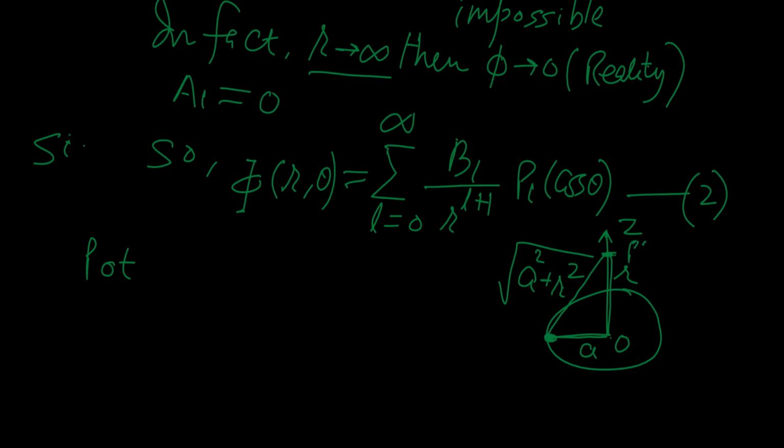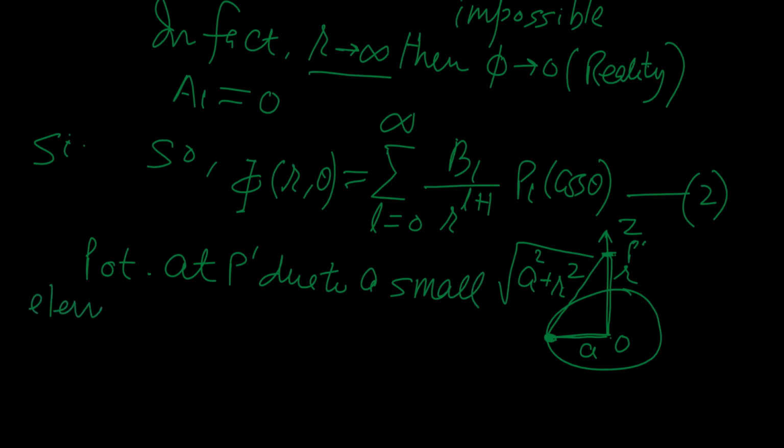The potential at P dashed due to a small element of the ring, let us say this potential is d phi.